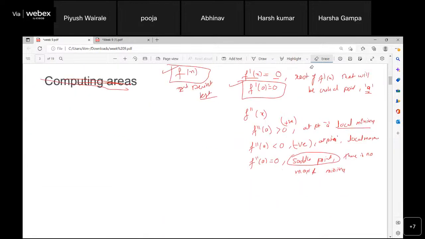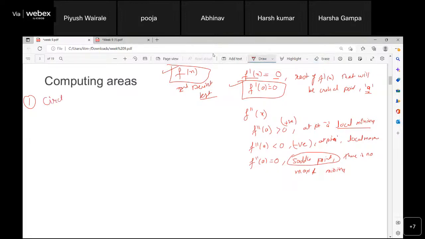Now we have one more concept this week, that is computing the area. If we know the standard areas, we should be able to find out the complex area. So you should know the area of some standard shapes. What is the area of a circle? Okay, very good.